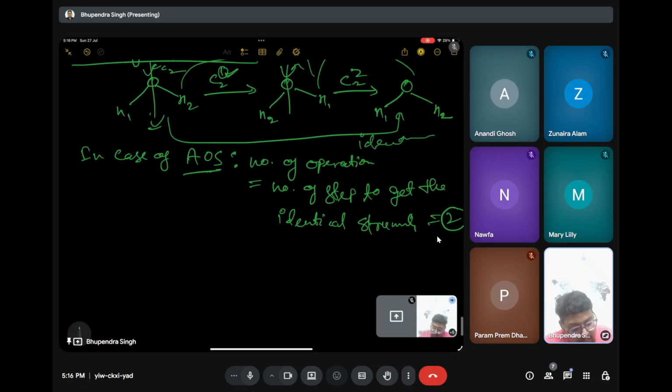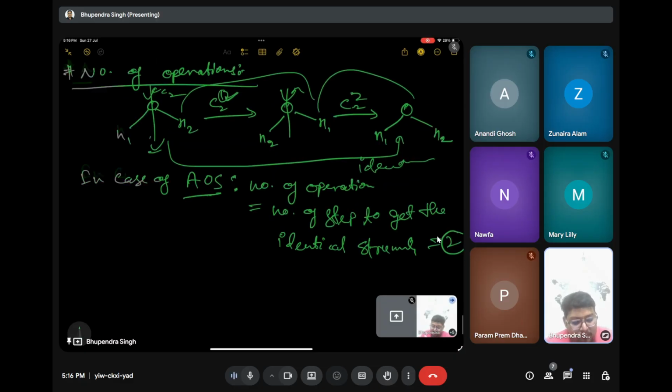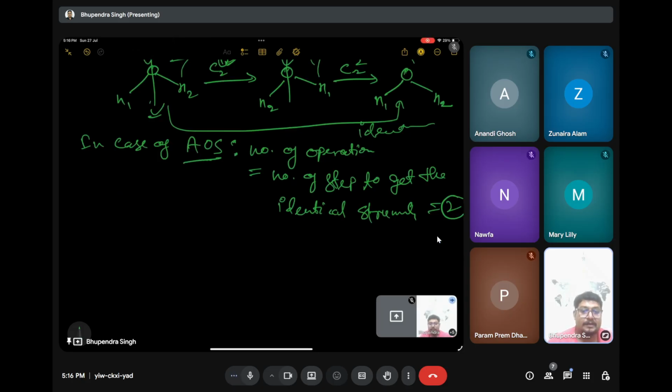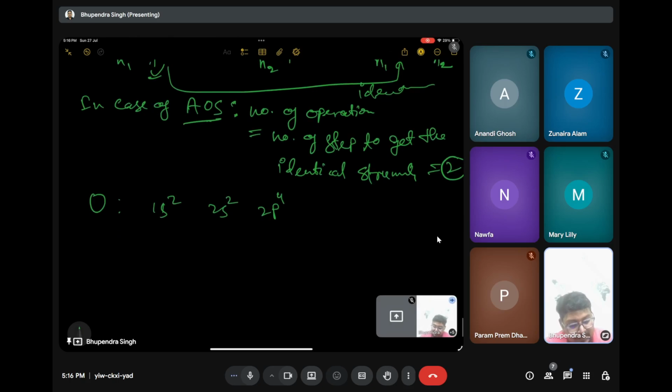See, if you know the structure of this water molecule, why have I not drawn it planar? See, oxygen is 1s2, 2s2, 2p4, and hydrogen is 1s1.